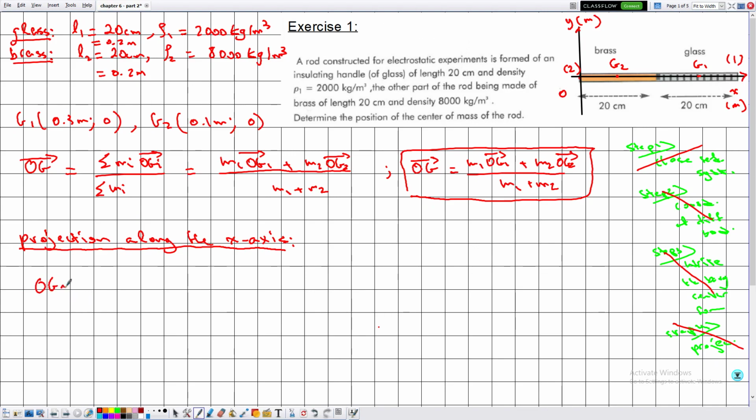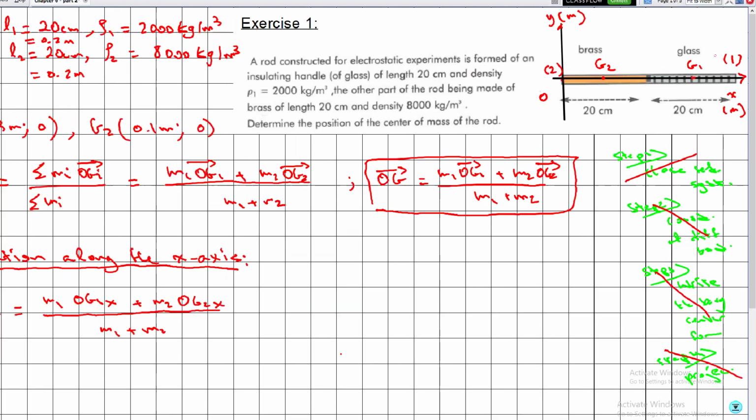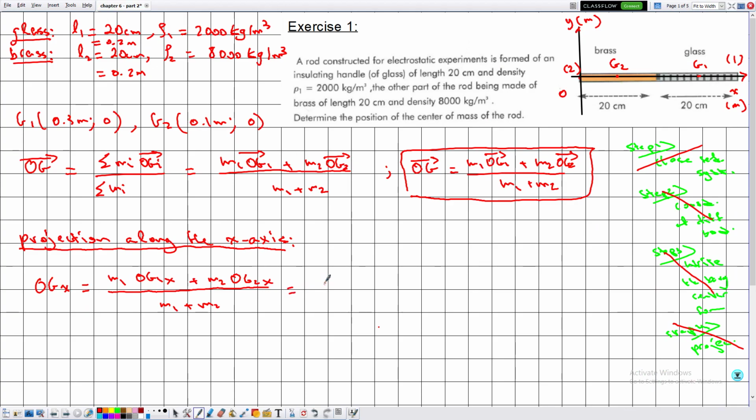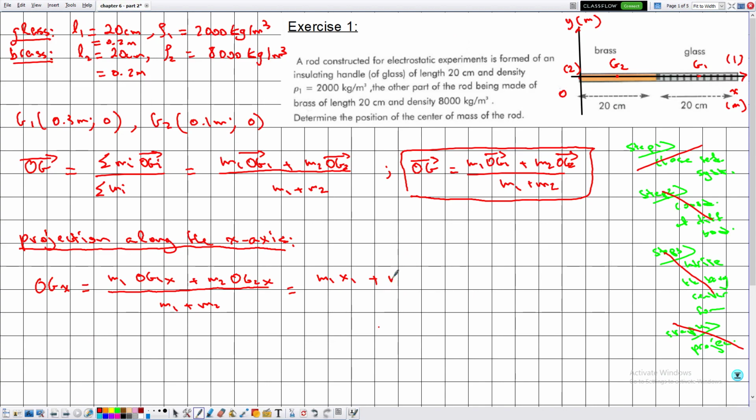So in this case we have OGx equal to m1 OG1x plus m2 OG2x divided by m1 plus m2. What does OG1x represent? It represents the abscissa of G1, which is given by x1. So m1 x1 plus, what does OG2x represent? It's the abscissa of the point G2, which is given by x2, so m2 x2 divided by m1 plus m2. So this is x1, y1, and this is x2, y2.